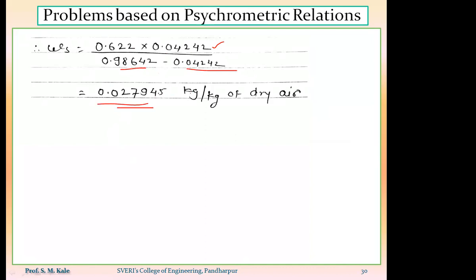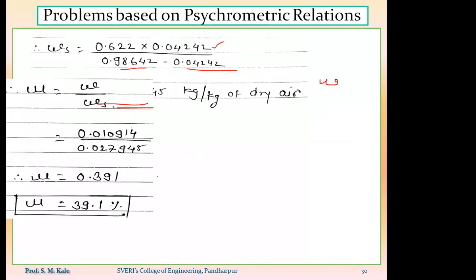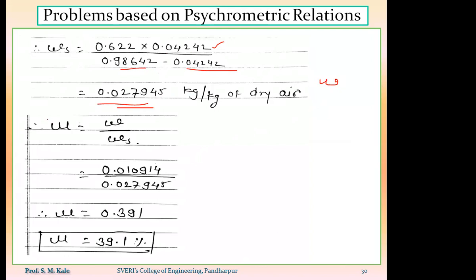So after getting the value of WS, and as I am knowing the value of small w also, specific humidity of moist air, so put those values in the equation of W upon WS. So mu is equal to W upon WS, put the value of W and WS, I will get the value of mu.